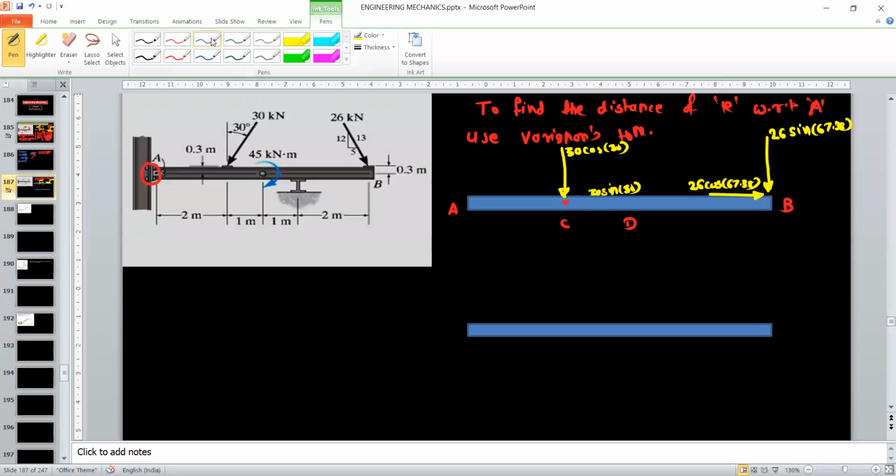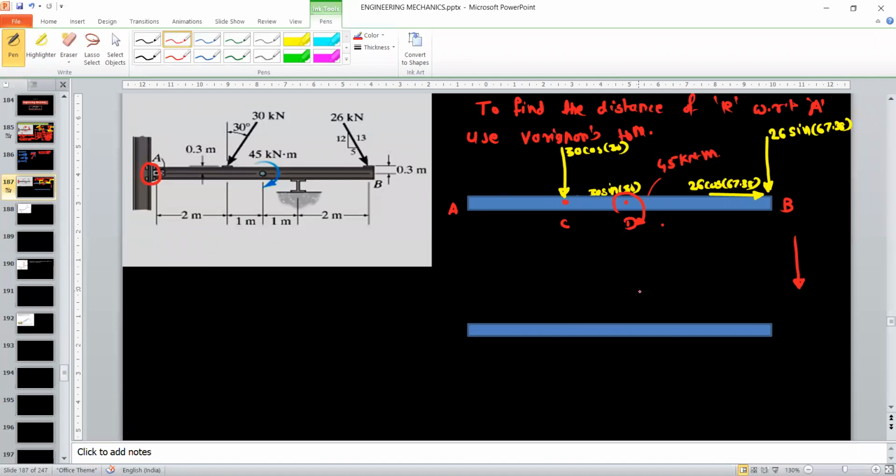Then there is one additional couple present in the system. This value for the couple is 45 kilonewton meter. So this is the system of forces, and we will convert this system of forces into the resultant system.